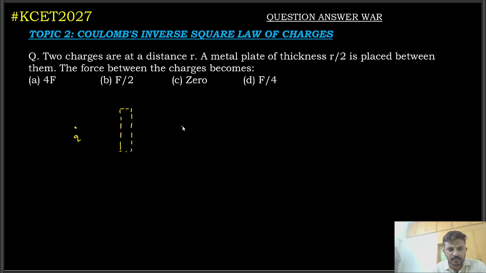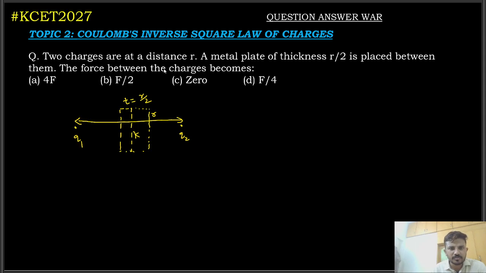Let's consider Q1, Q2. Two charges are at a distance R. So this complete distance is R. A metal plate of thickness T, that is equal to half of total distance. You can take a bigger one also. This is having dielectric constant K.